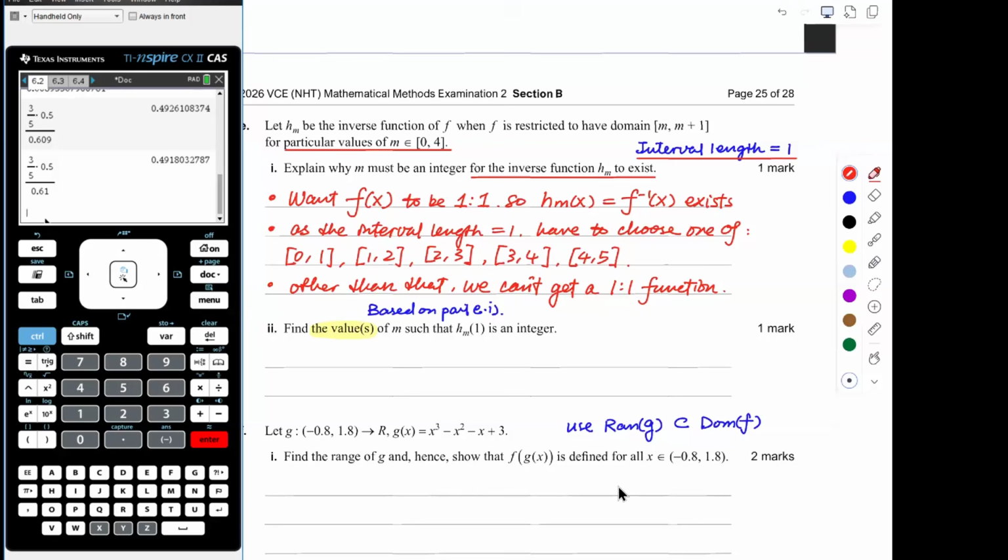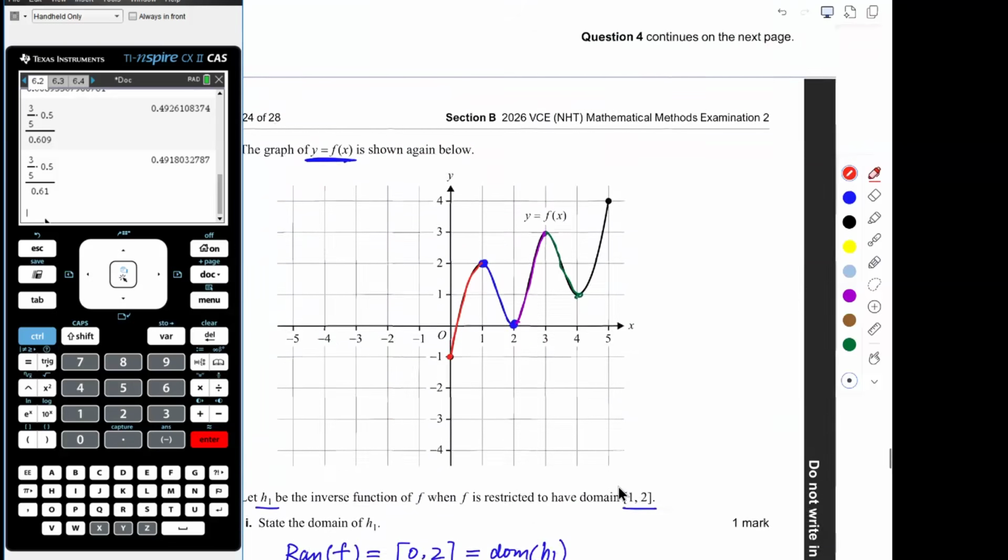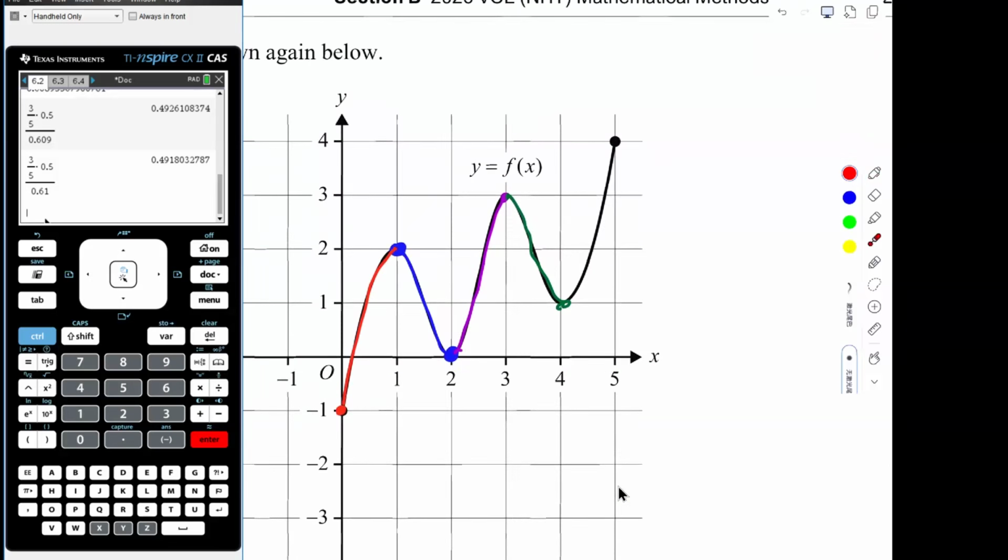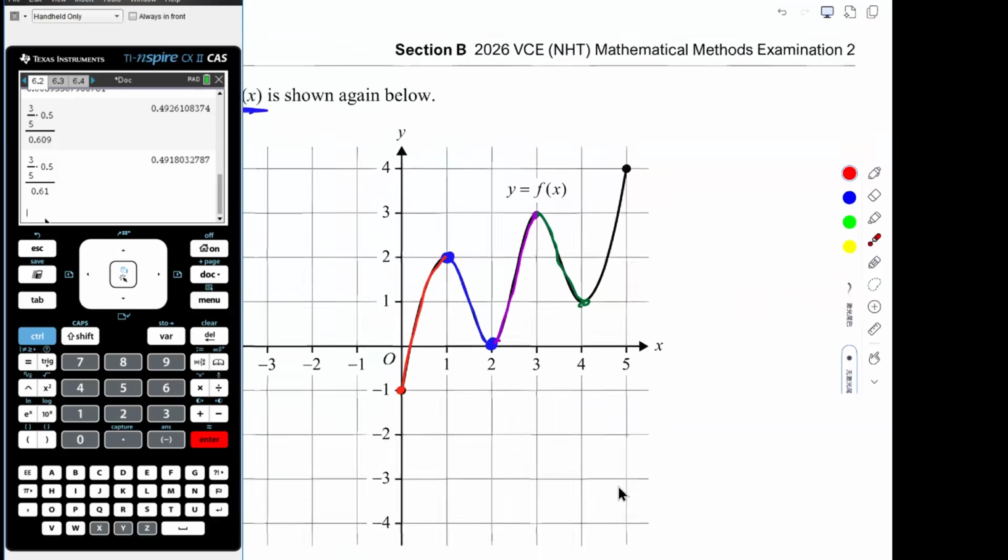For example, if m equals 0.5, then you get from 0.5 to 1.5. This is a many-to-one case. So if the interval length is fixed to be 1, then we can only choose 0 to 1, 1 to 2, 2 to 3, 3 to 4, 4 to 5. So these choices will give a one-to-one inverse function.